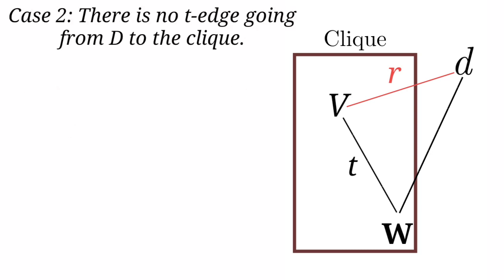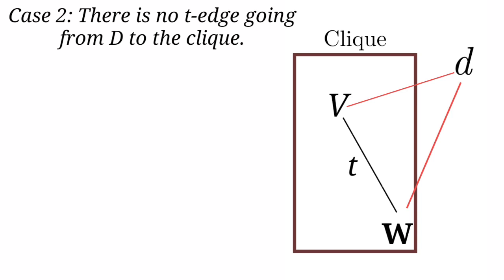Suppose now that for every edge connecting D to an element of the clique, its color is different from T, because if it is equal to T, we go back to the other case. For the second case, connect D to every element of the infinite monochromatic clique.